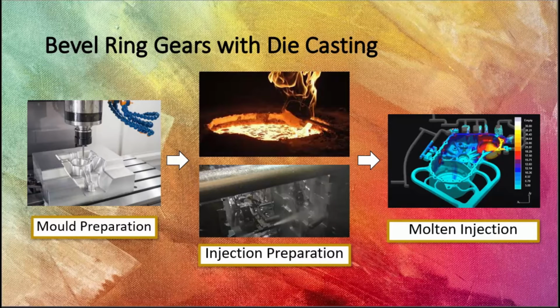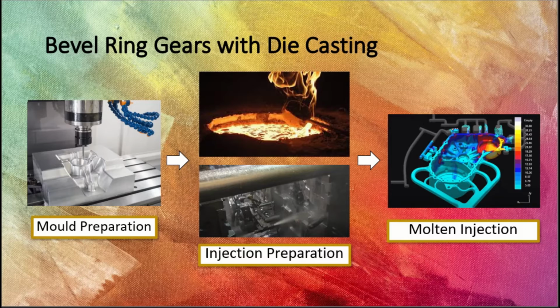The first method, die casting, starts with the procedures of mold preparation, injection preparation, and then molten injection. Let's start with mold preparation. Two molds, the upper part and the lower part, with the cavity shape of the bevel gear, are prepared. Then it goes to the injection preparation process.